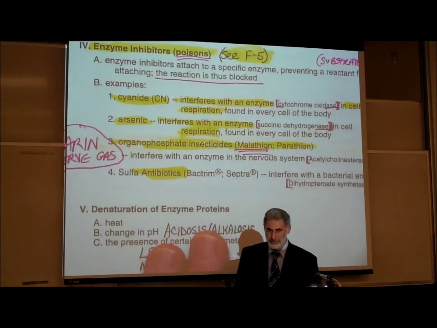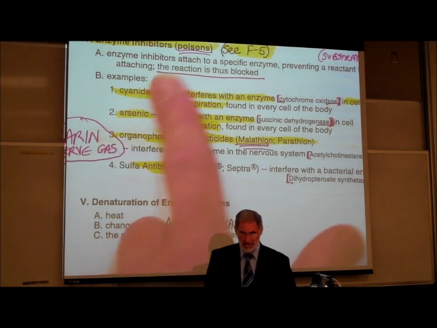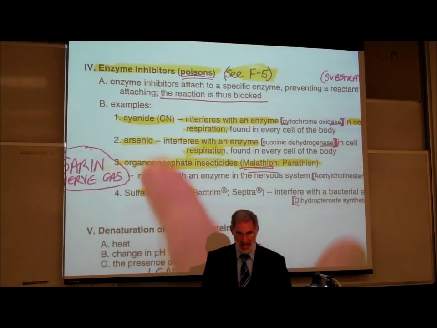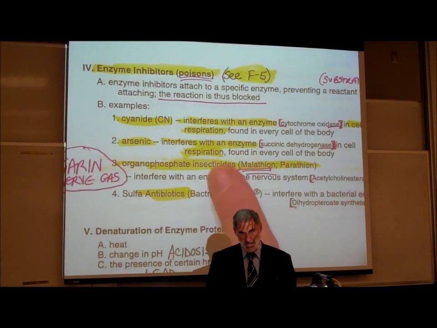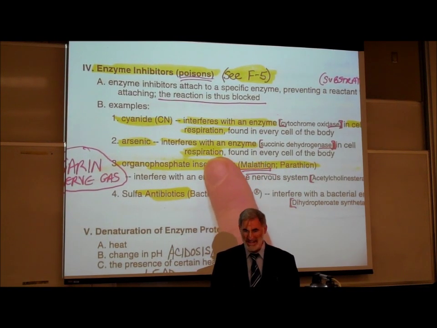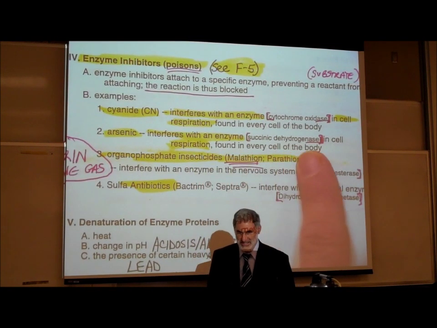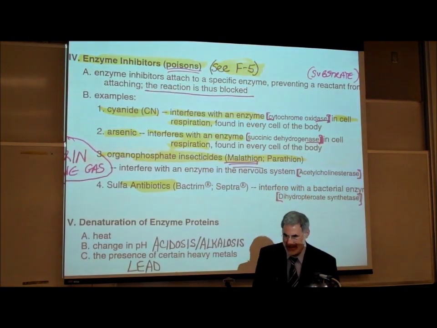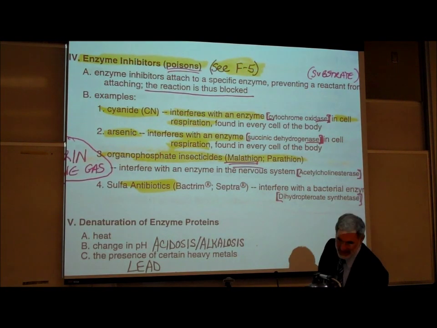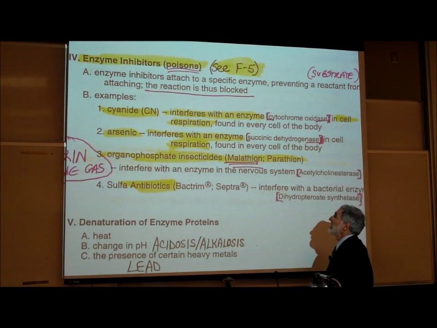Another example of an inhibitor, something that inhibits an enzyme, is arsenic. Maybe you've heard of arsenic. Arsenic is a poison, a chemical that inhibits an enzyme called succinate dehydrogenase. Again, I'm not going to test you on it. I put it in brackets. We know it must be an enzyme because it ends in ASE.